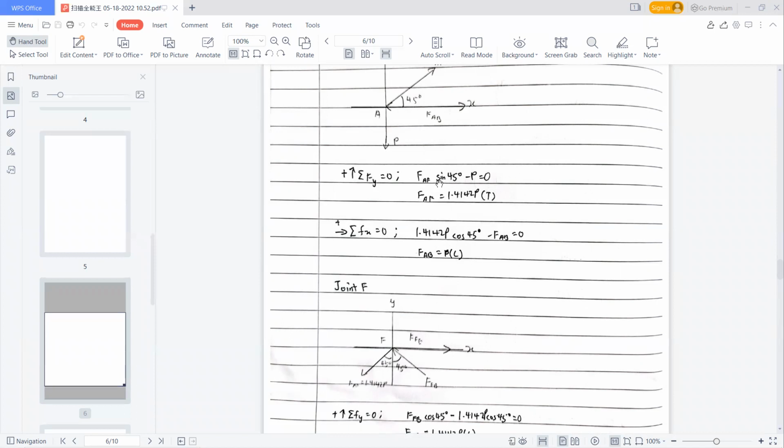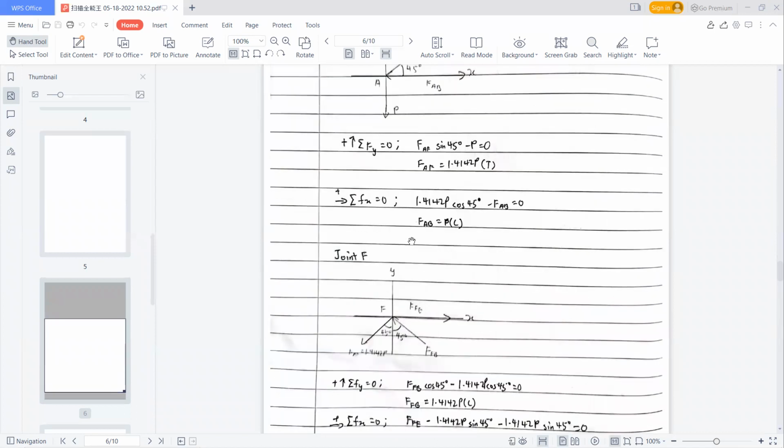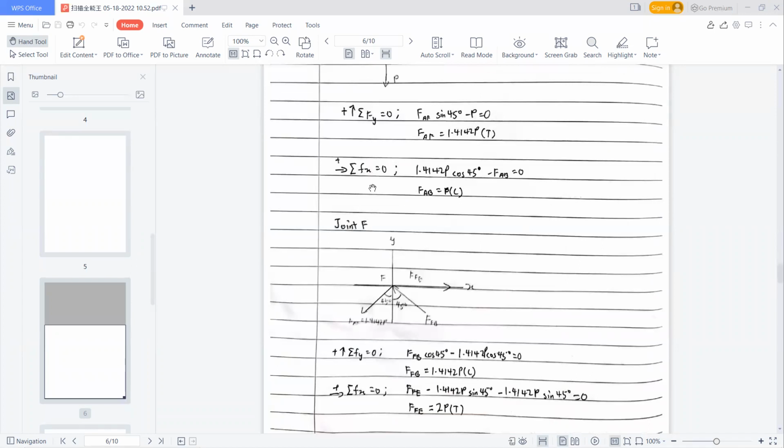So for the force of AF, we will have 1.4142 P for the tension. So when sum of Fx equal to 0, we will use the same formula, and we get to know that the force for AF is 1.4142 P. So we will use the equation into this equation.